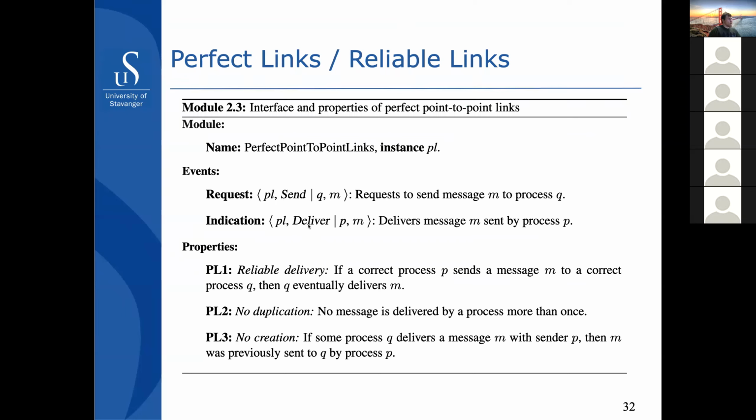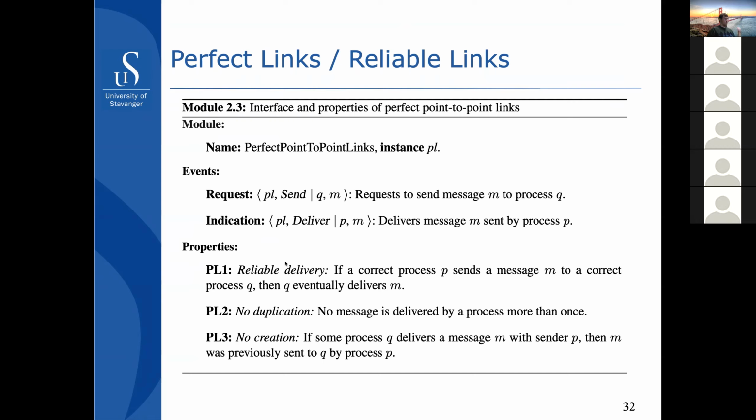So send and deliver, and you have to keep in mind that what we have built at the lowest level was the fair loss links. Then we had the stubborn links, and now we have level number 3, perfect links.